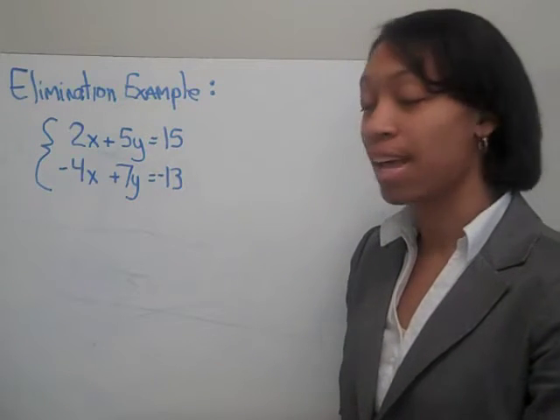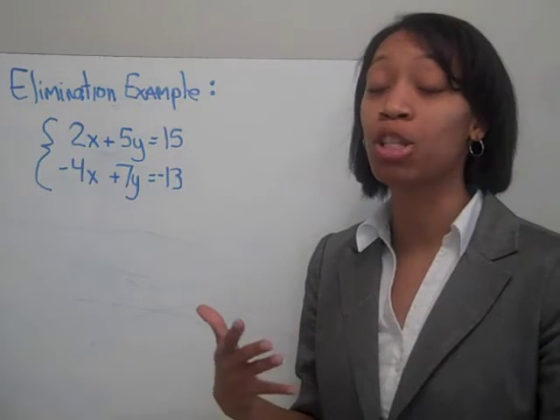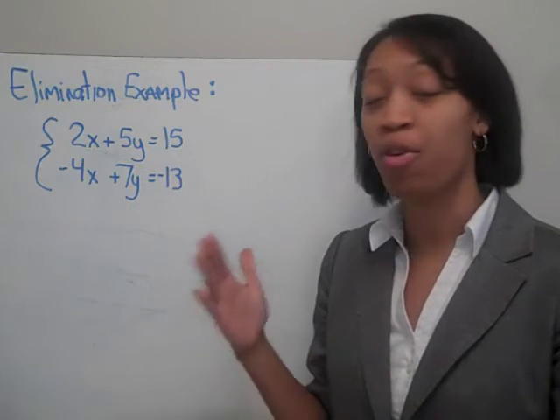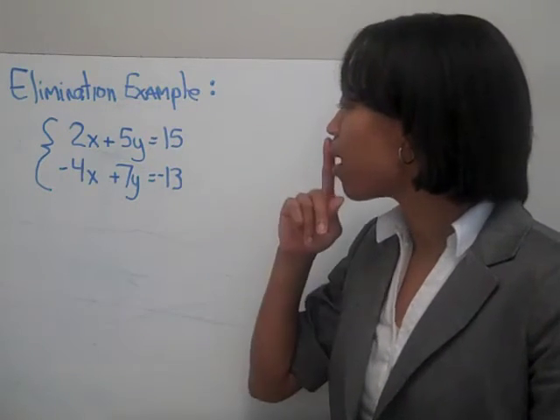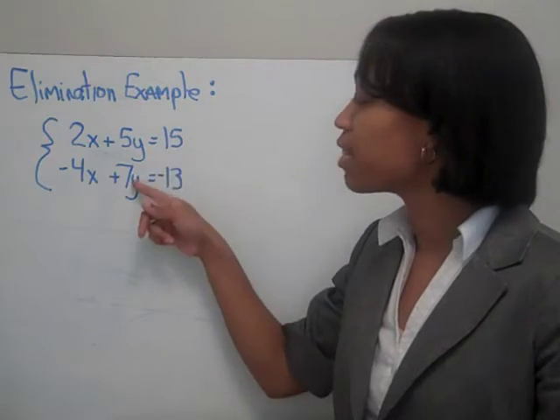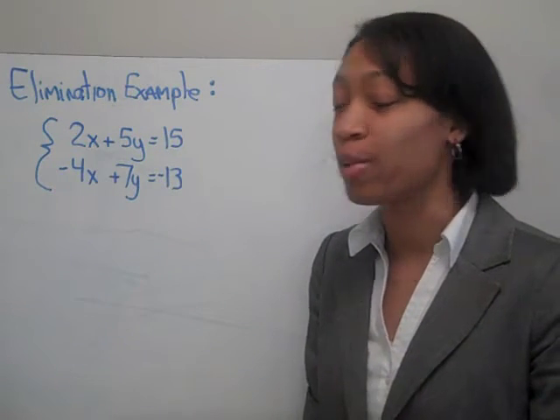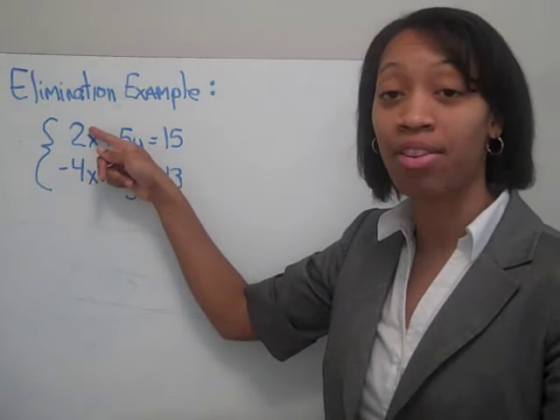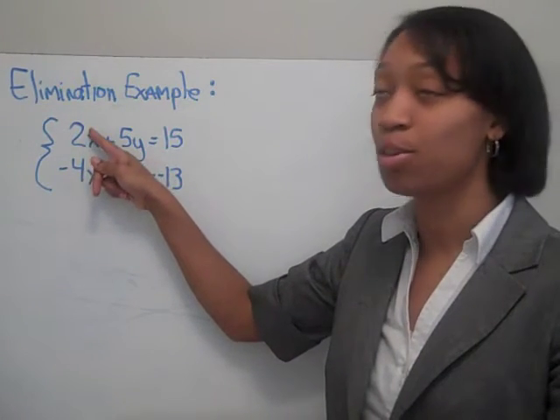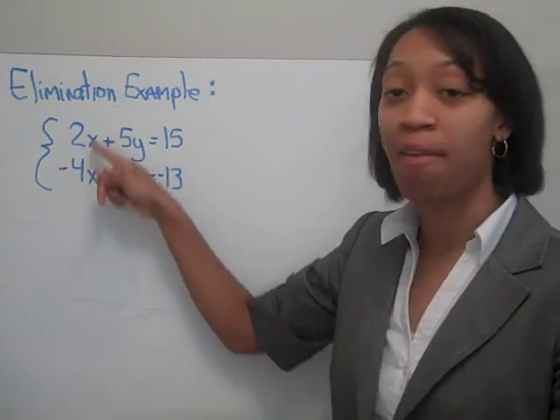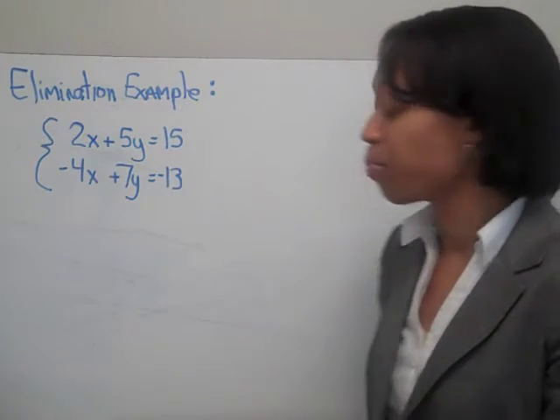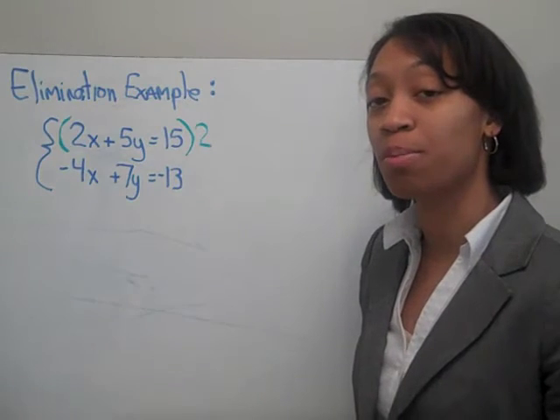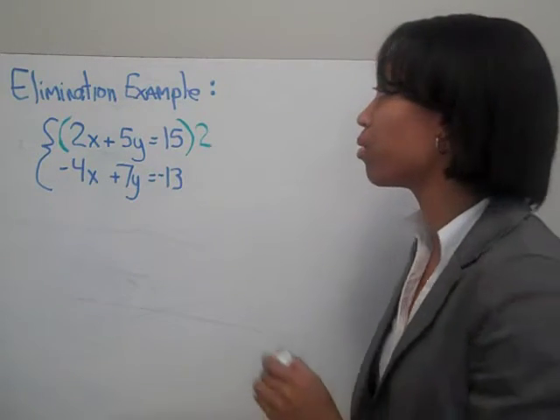So as I look at this, I'm looking for what can I multiply by so that either the x's will be the same or the y's will be the same. So 5 and 7 are not really multiples of each other, but if I multiply the top equation by 2, I can get 2 times 2 would be 4, and I would have a positive 4 and a negative 4. That would be great. That's what I want to do. The first step is going to be to multiply the top equation by 2.